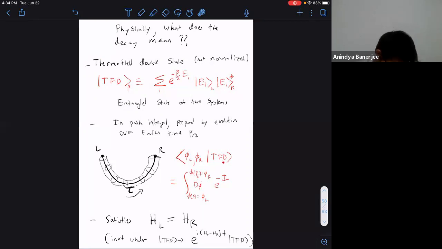This turns out to be computed by a simple path integral where Euclidean time runs from 0 to beta over 2, and the values of the fields at Euclidean time 0 are phi left, and the values of the fields at Euclidean time beta over 2 are phi right. Here the circles represent the spatial slices of the system, and this direction is Euclidean time. So this path integral on this Euclidean time interval computes this wave function.